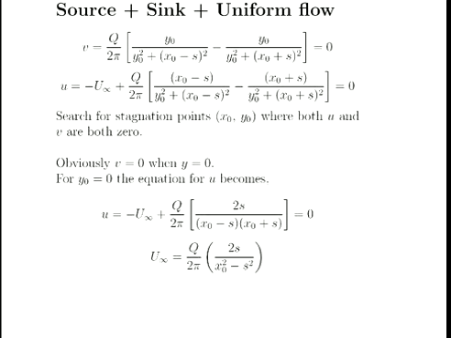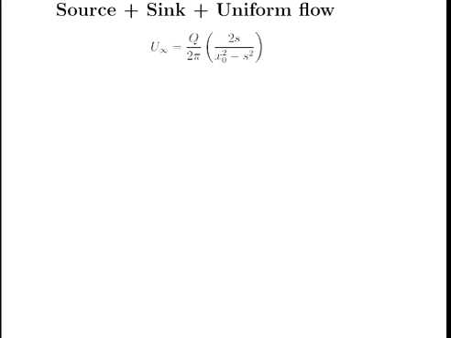So all I'm looking for are situations where u infinity is equal to that term on the right here. And you see that I can just rearrange this very easily to get an expression for x.